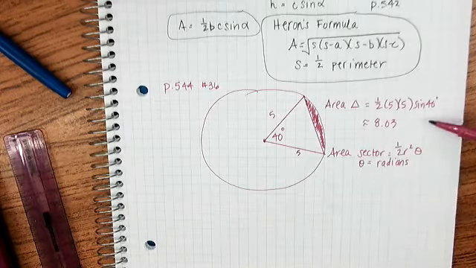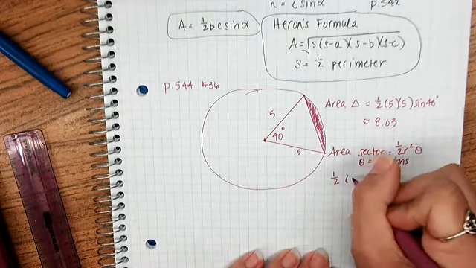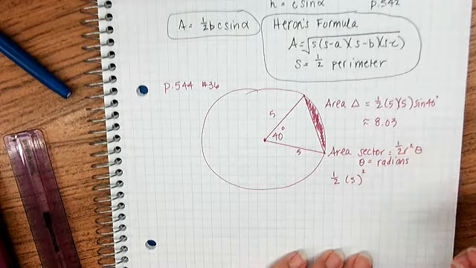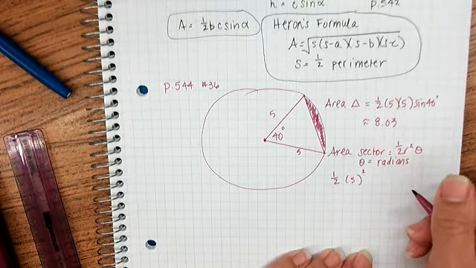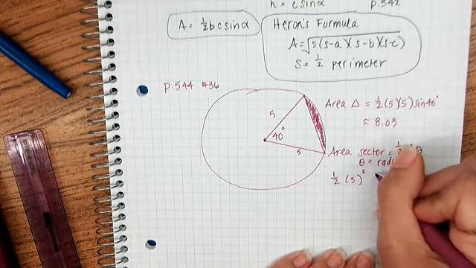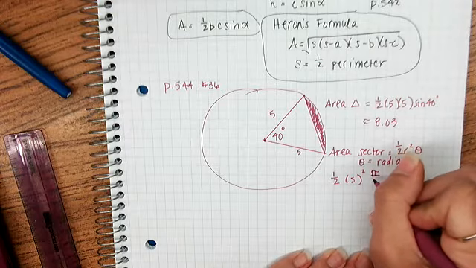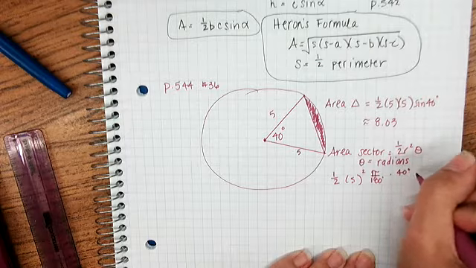So I'm going to have to go back and redo the sine of 40. That's okay. So this is going to be 1/2, r is 5, and then theta. Ooh, how are we going to convert 40 degrees to radians? That's going to be pi over 180 times 40 degrees.